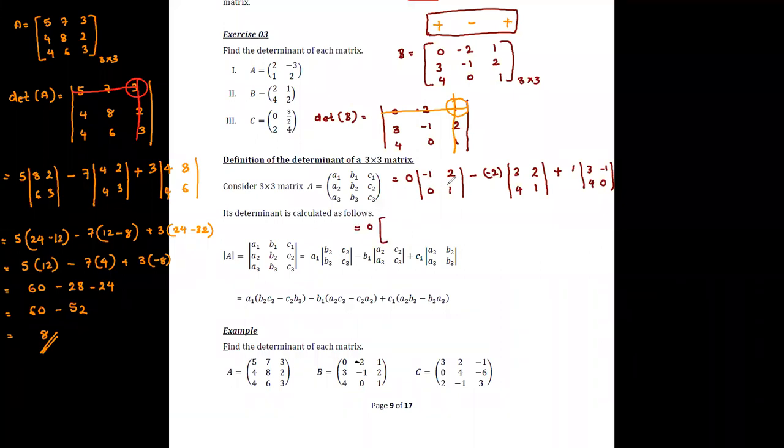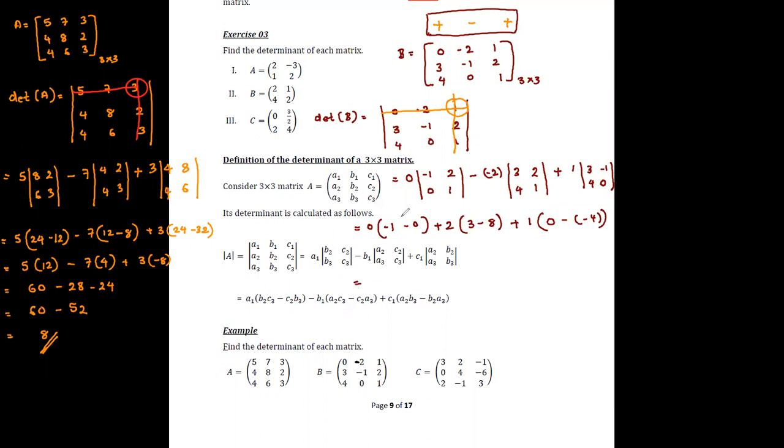Here this will be -1 into 1, -1, -2 times 0, 2 into 0. Here we can see that minus times -2 gives us the value +2. 3 times 1, minus 4 times 2, 8. This plus 1 times 3 times 0, minus 4 times -1.